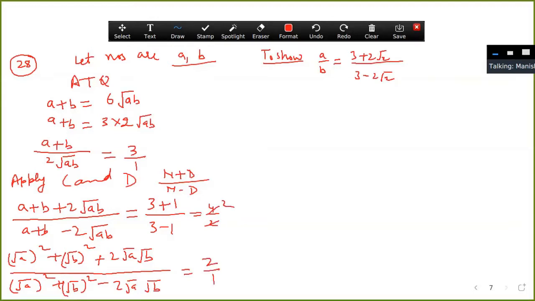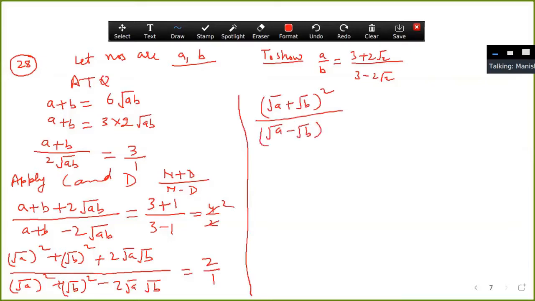Now you can observe in the left hand side, a plus b plus 2 root ab, you can write it like this: root a plus root b whole square upon root a minus root b whole square, that is equal to 2 upon 1.